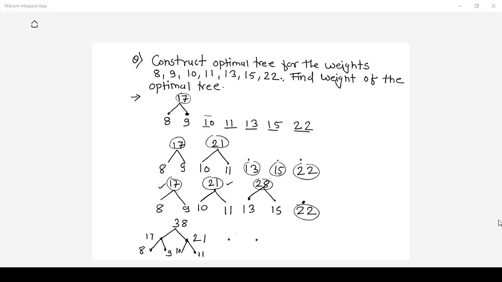And the others remain as they are: 13, 15, 28, and 22.